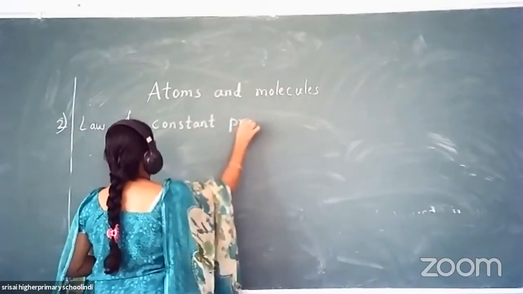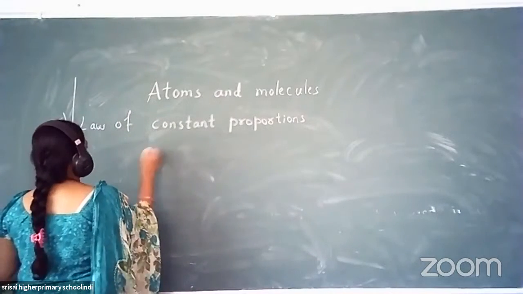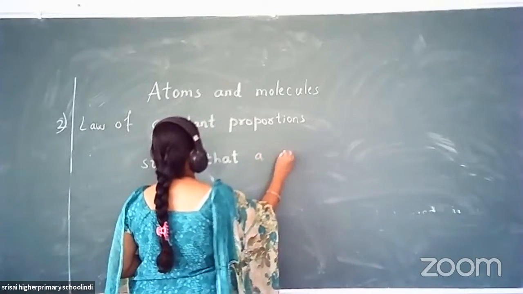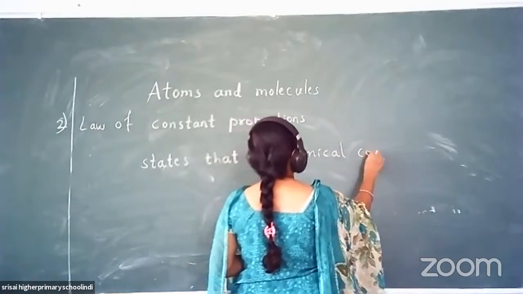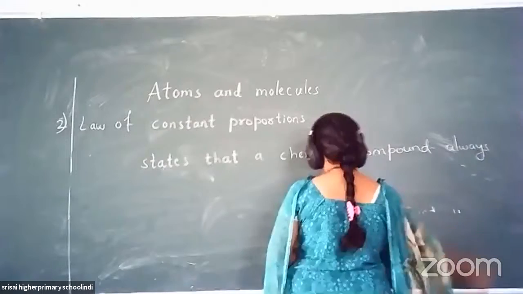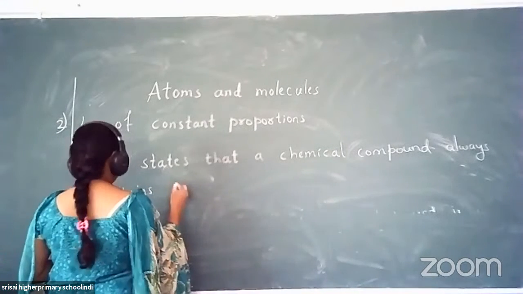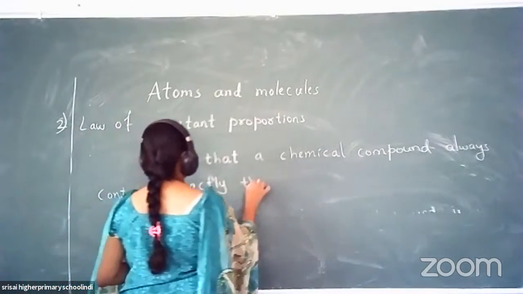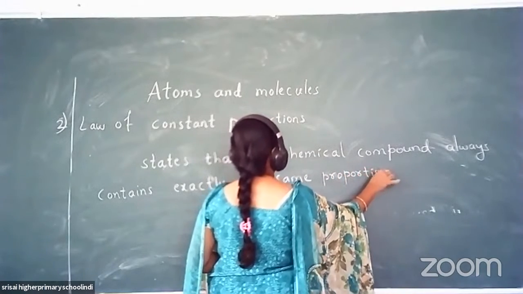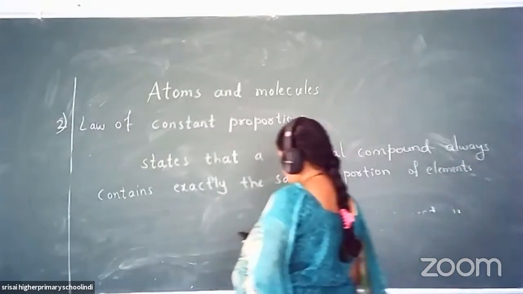What does it say? The law of constant proportion states that a chemical compound always contains exactly the same proportion of elements by mass.